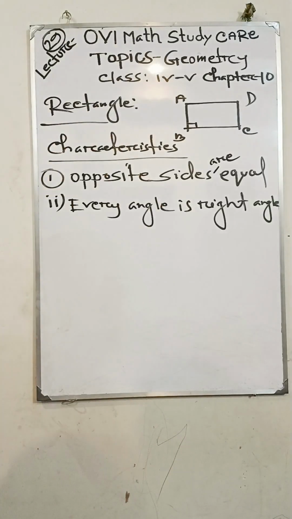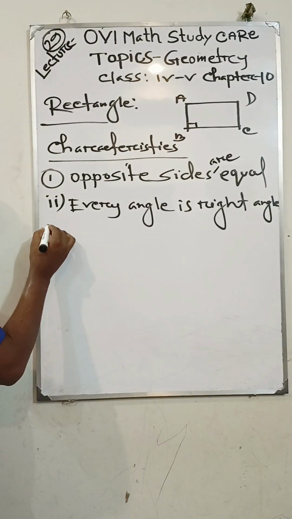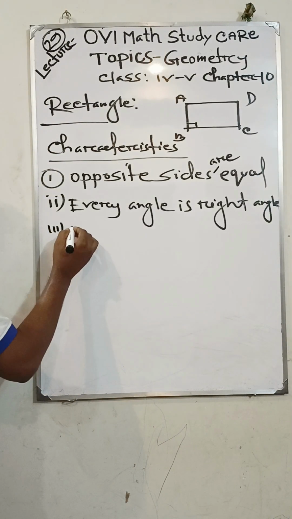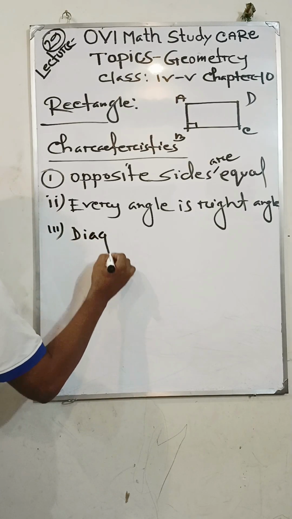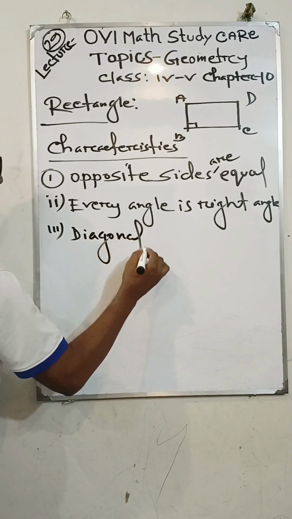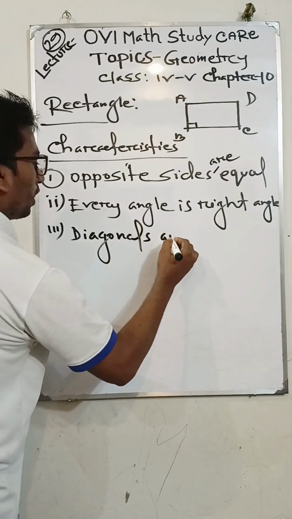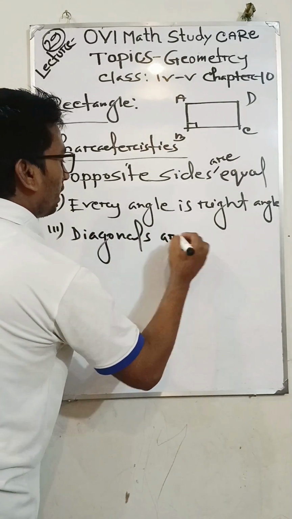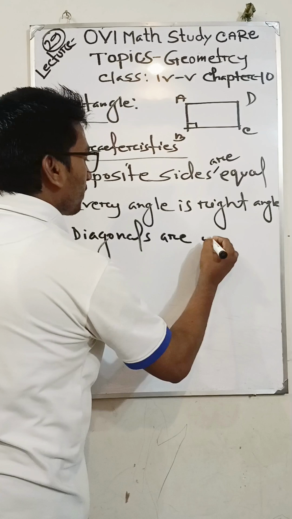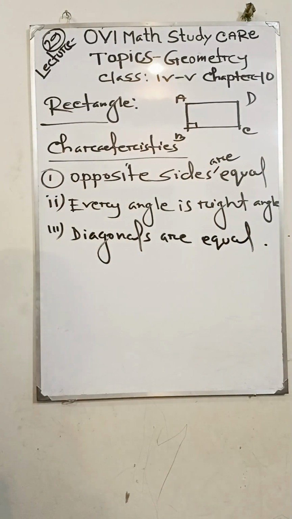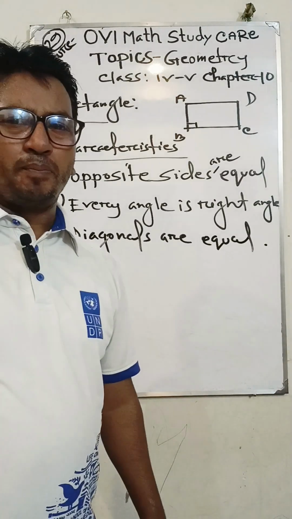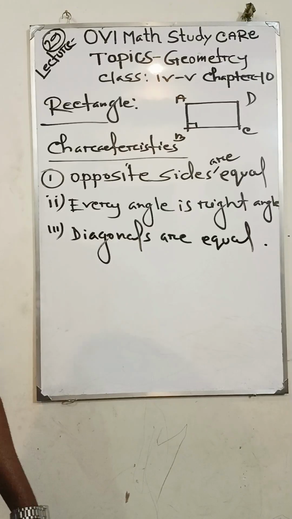Third characteristic, number 3, diagonals are equal. Fourth characteristic, we can write various kinds of characteristics.